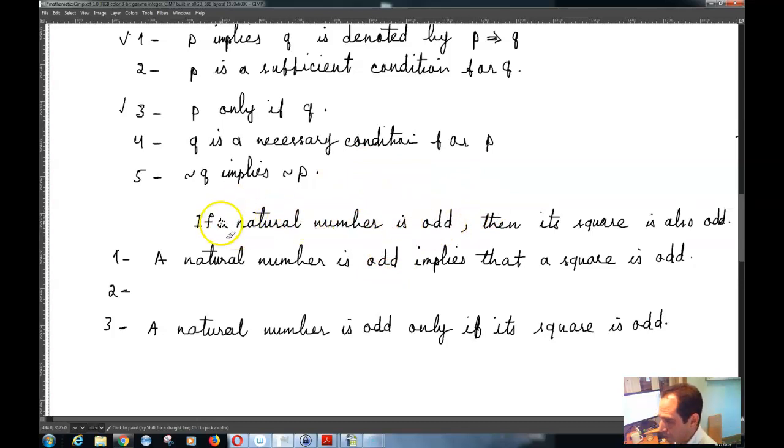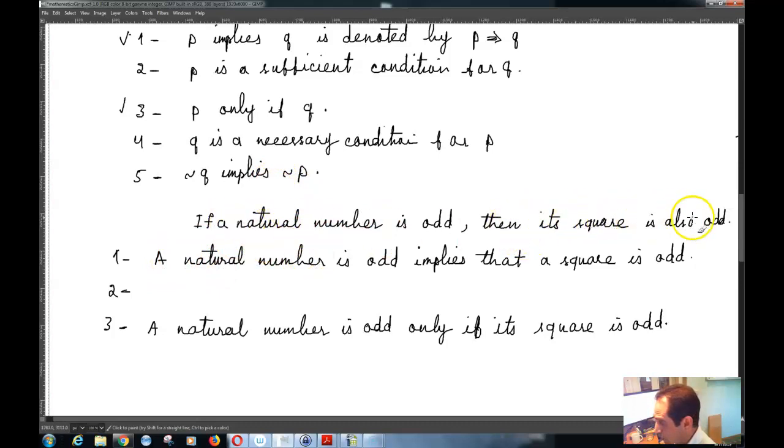So here it says that if a natural number is odd, then its square is odd, right? So I can say that for the square of a natural number to be odd, it's sufficient that the number is odd.